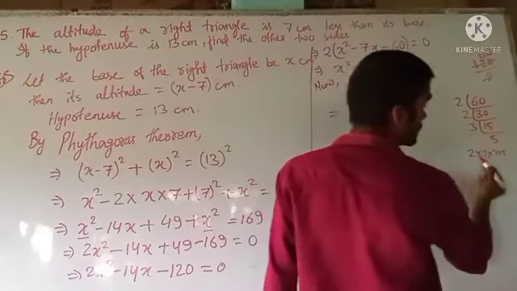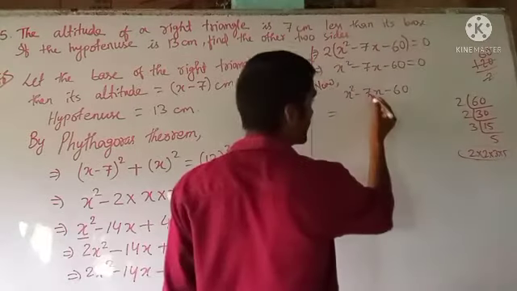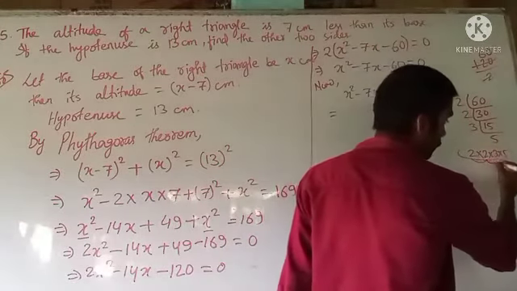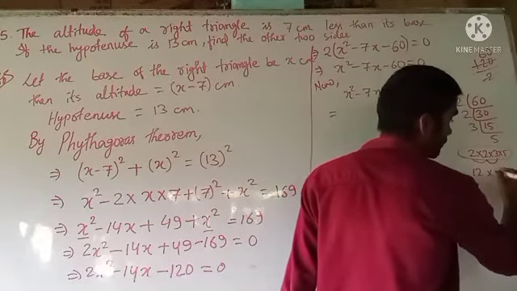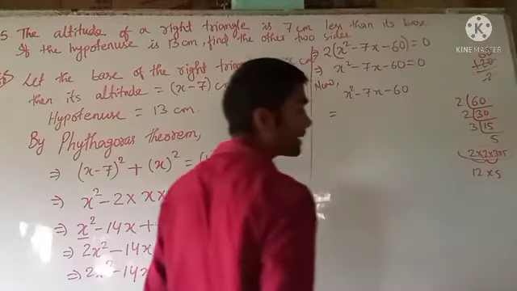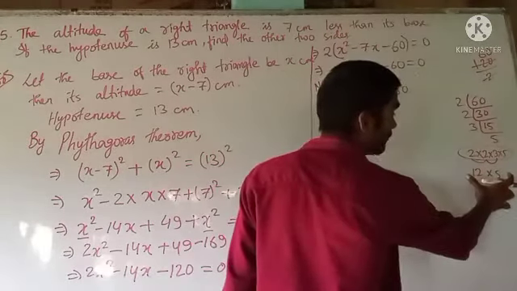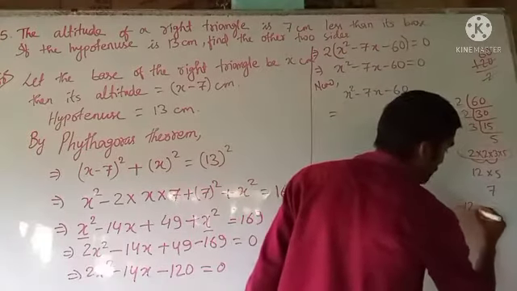Now we multiply and find factors in such a way that we get 7x. 2 into 2 is 4, 4 into 3 is 12, and into 5. If we subtract them, 12 minus 5, we get 7. So we can use 12x and 5x. Here it is minus, so minus 12x.